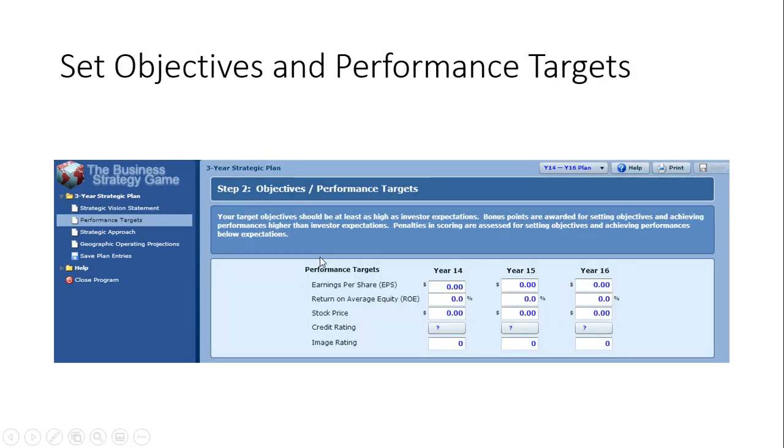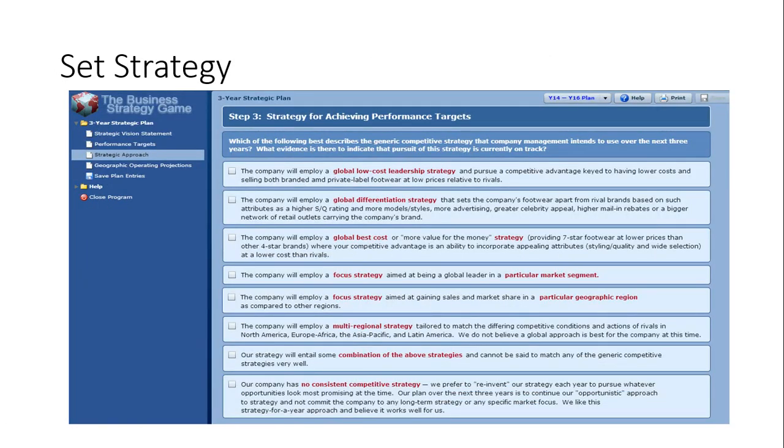The next step, step number 2, is to set your targets for your earnings per share, return on equity, credit rating, image rating, and your stock price growth. And that would all be entered here. Since this is known as the business strategy game, it's up to you to determine the best strategy to fulfill your vision.